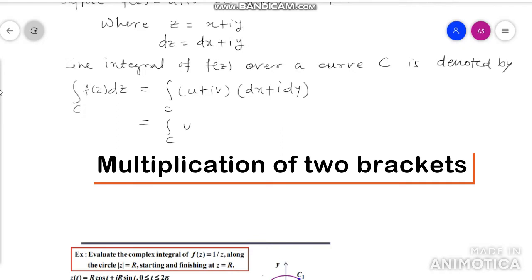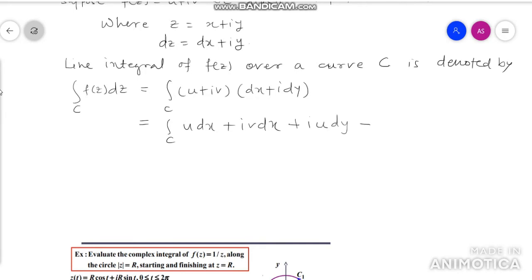So this is nothing but u dx plus iv dx plus i u dy minus v dy, because here it is i square, hence i square is minus 1, so that I have written here minus.